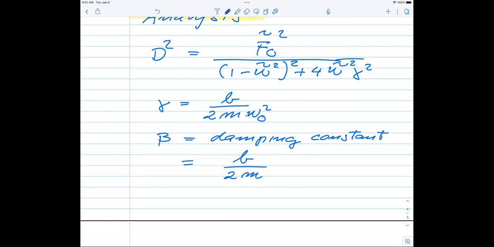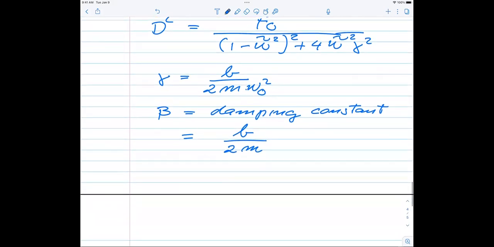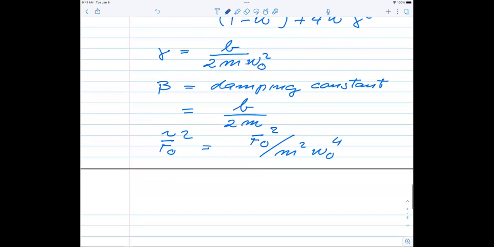So what we are going to do next is also to remind ourselves that this F tilde squared is now given by the original amplitude of the force squared divided by the mass squared divided by the natural frequency to the power of 4. So I'm going to rewrite the equation for this D squared as a parameter F squared divided by omega 0 to the power of 4.